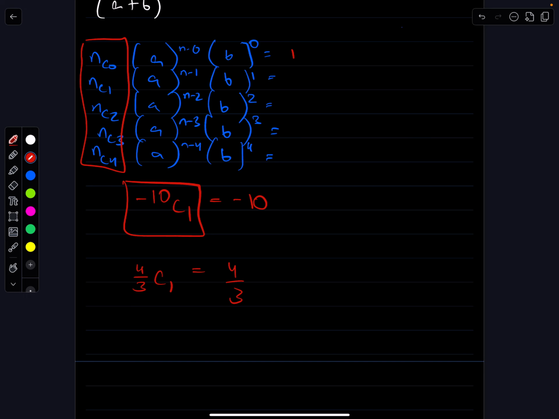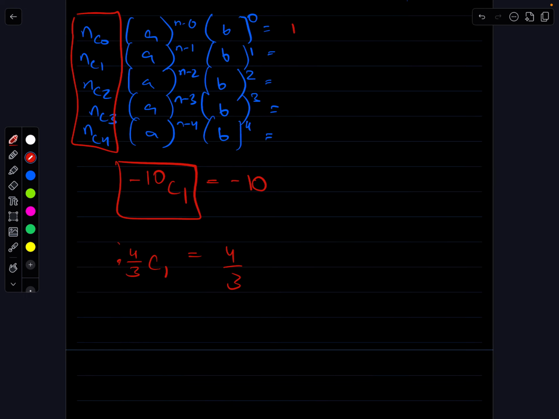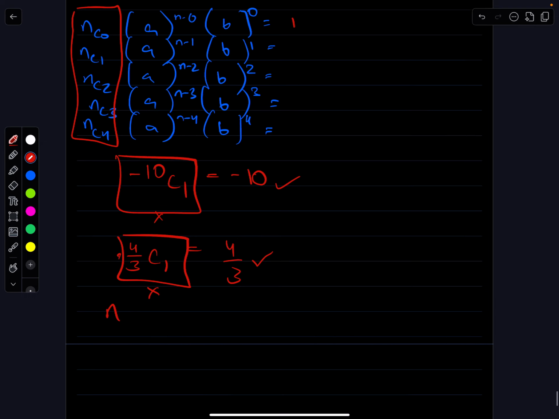Since nC1 is the thing itself, your calculator would not be able to calculate this too. Why is this so? This is because your calculator is programmed to only accept n as a positive whole number.